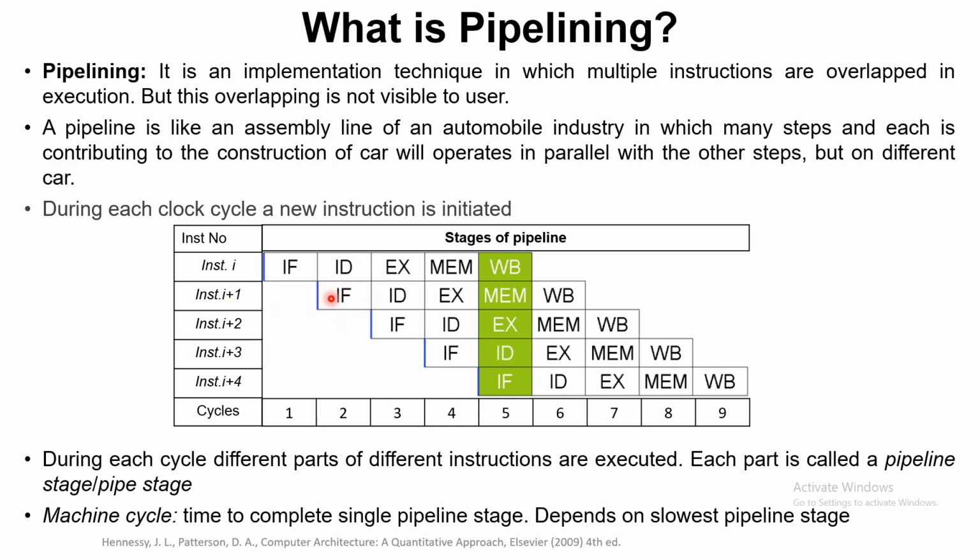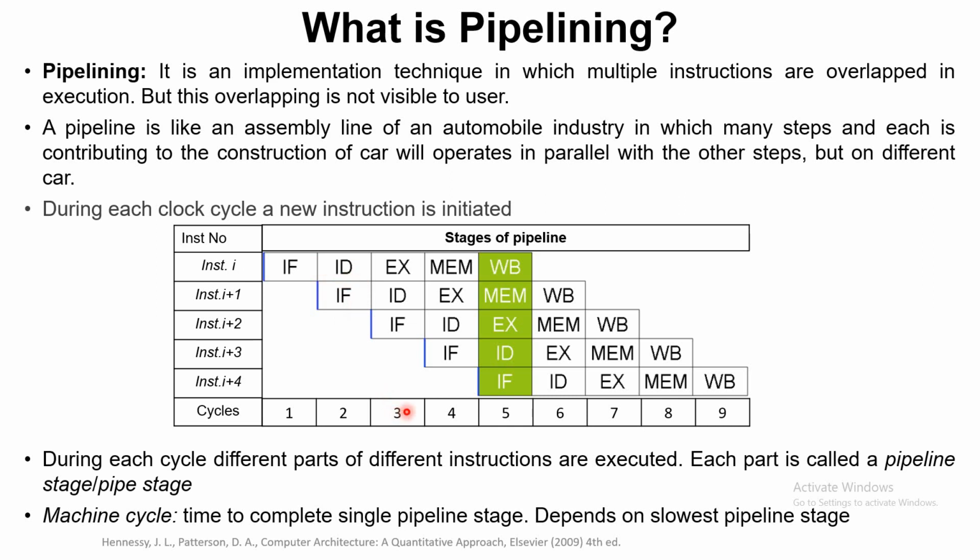The stage assigned for fetching will perform the fetching operation in parallel, and the second stage, to which the decoding function is assigned, will perform the decoding of the first instruction. So during the second cycle, the decoding stage will decode the first instruction, and the first stage, which is the fetching, will fetch the opcode of the next instruction.